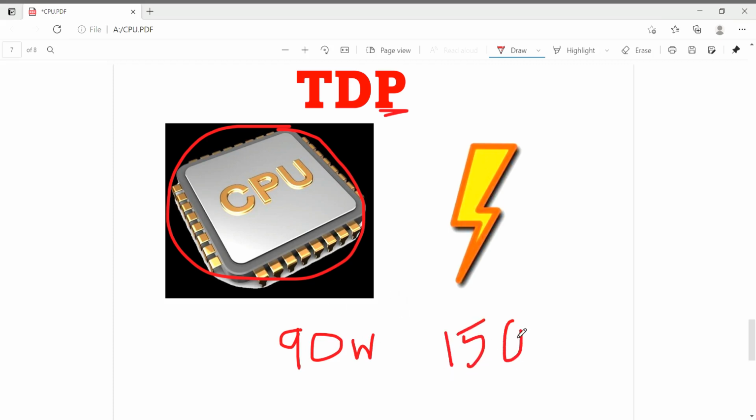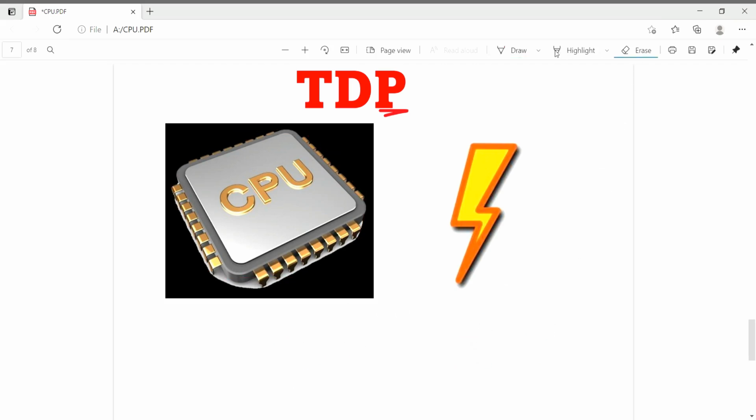The more watts your processor is, the more power it takes to do the work. Because less nanometer processors are available in the market and they are more power efficient, in the future we can expect lower TDP processors with good processing power.